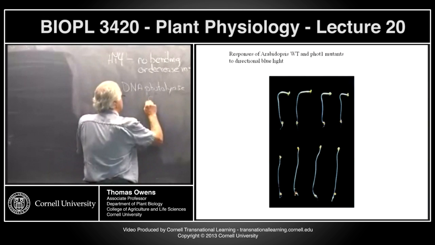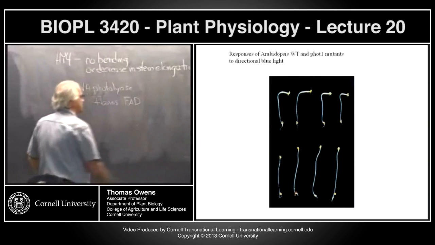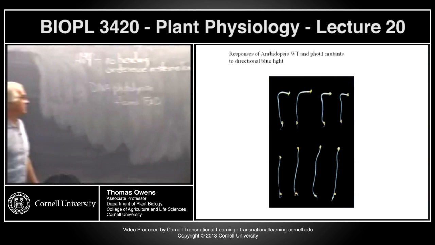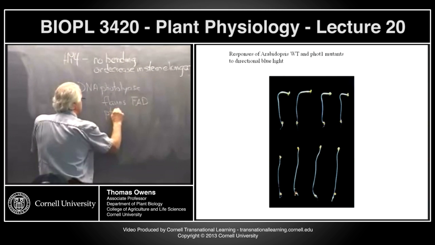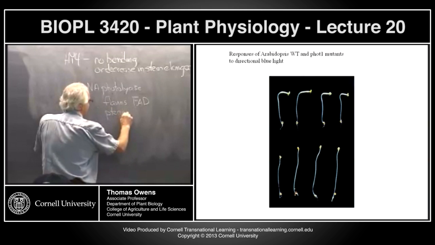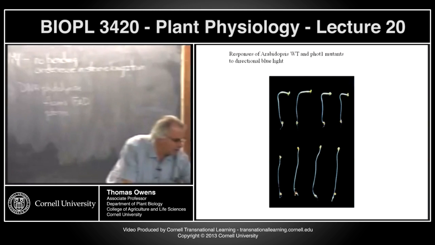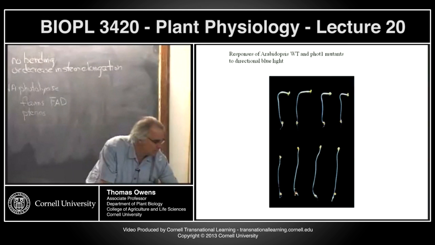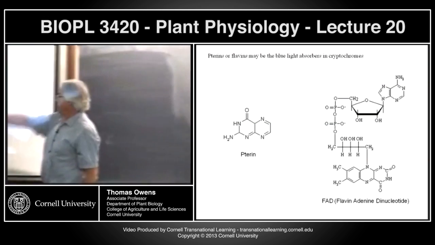There are flavins. There's FAD that's present in DNA photolyase. There's also a pigment called pterins. We've heard about pterins. I think I've got pictures of them here. So here's a pterin, and here's FAD.